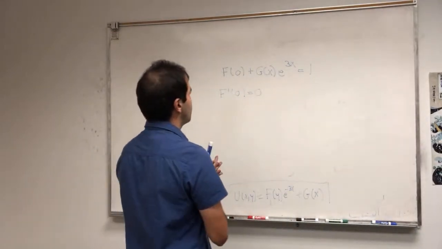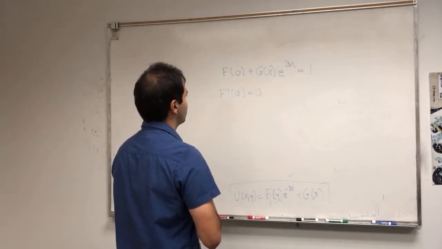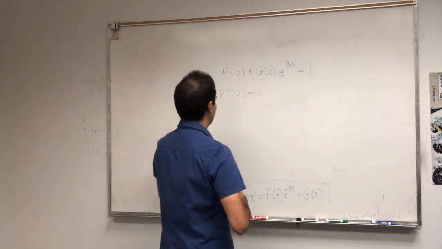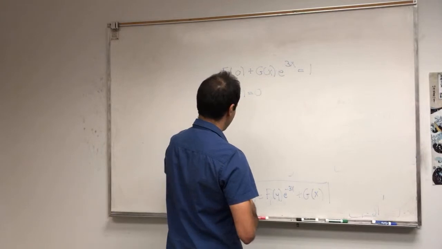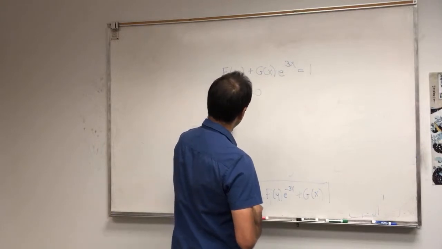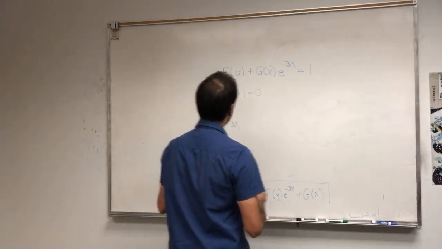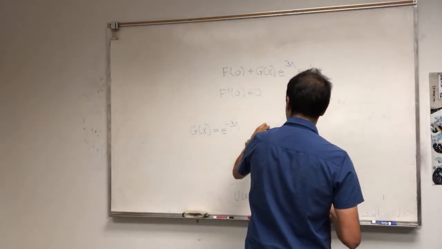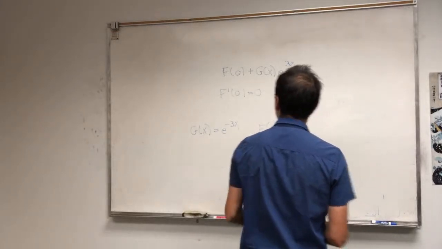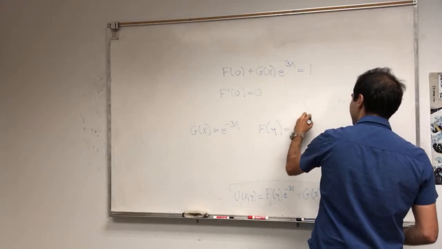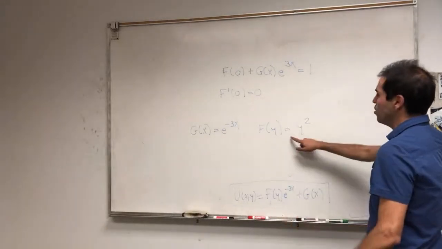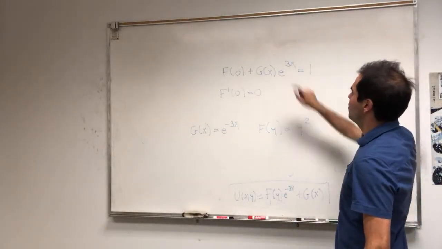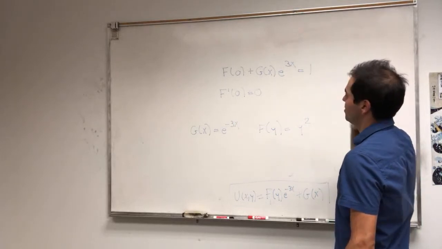Let me think. So, for example, g(x) = e^(-3x), and then let's say f(y) is y squared. I don't know. Then we do have f(0) + g(x)e^(3x), that is indeed 1.